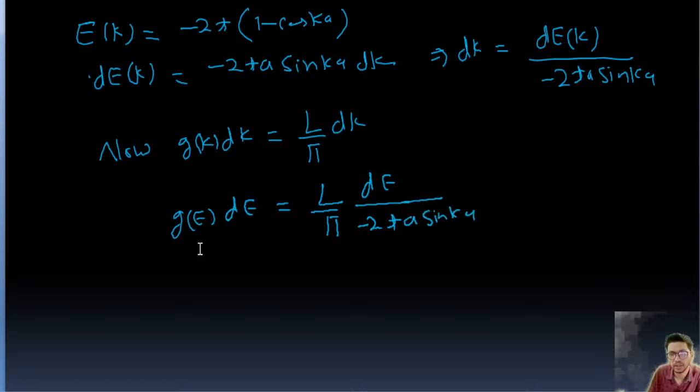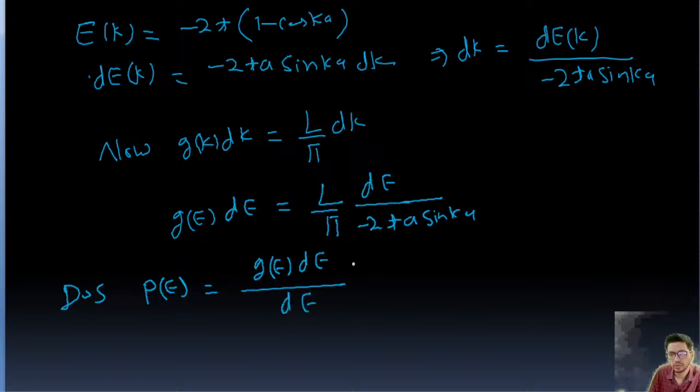This is g(E) dE, right? Now we have to find the density of states. Very simple. So the density of states, that is rho E, is going to be g(E) dE upon dE, right?